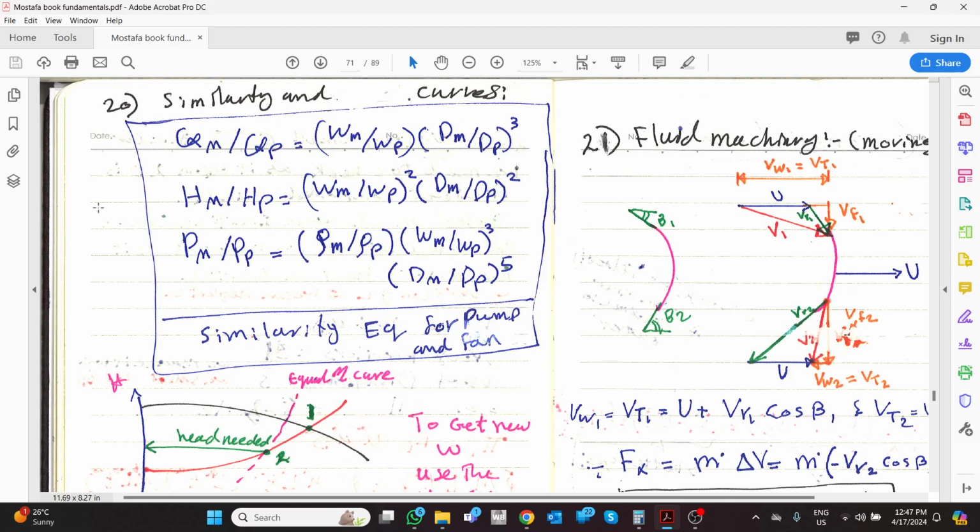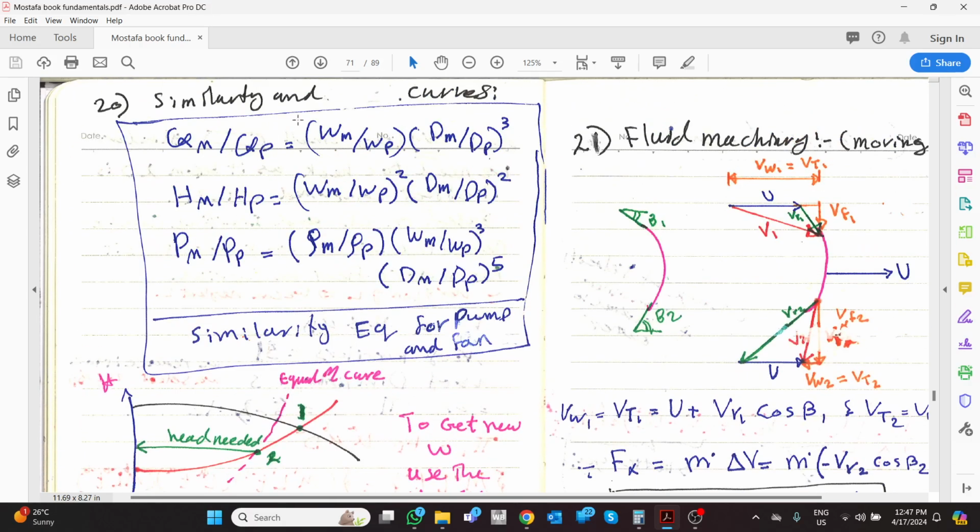Pi over pi is equal to 1, which is anyhow going to equal Q over Q. If you change these two parameters, which are the rotation speed, N or omega, whatever, and the diameters, or the head, or the power, P, this is a similarity equation which you can use anywhere for pumps, fans, etc.